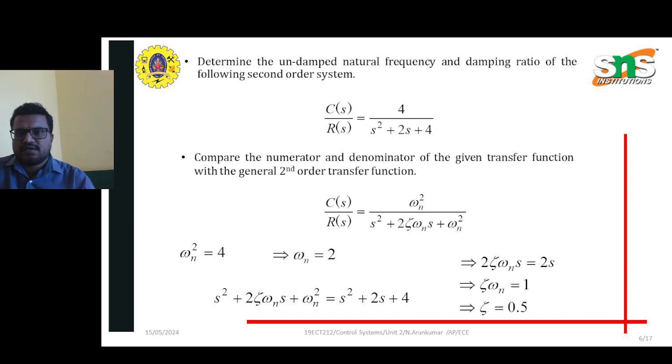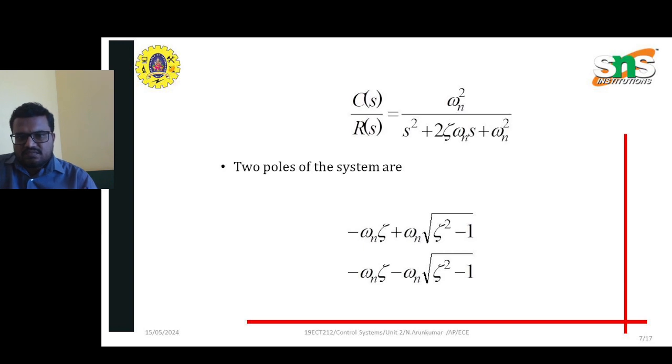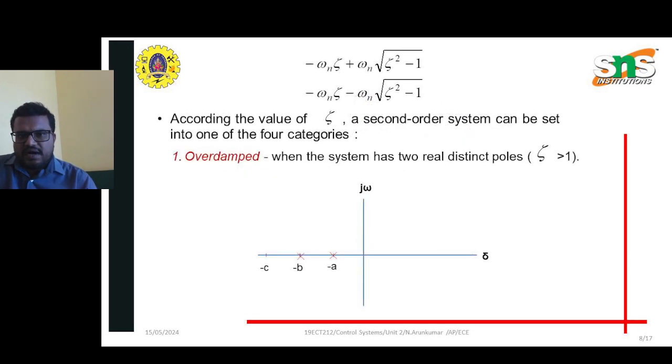Like that, the characteristic equations of control systems can be calculated with respect to omega n as well as delta, and the poles are calculated for the particular transfer function.